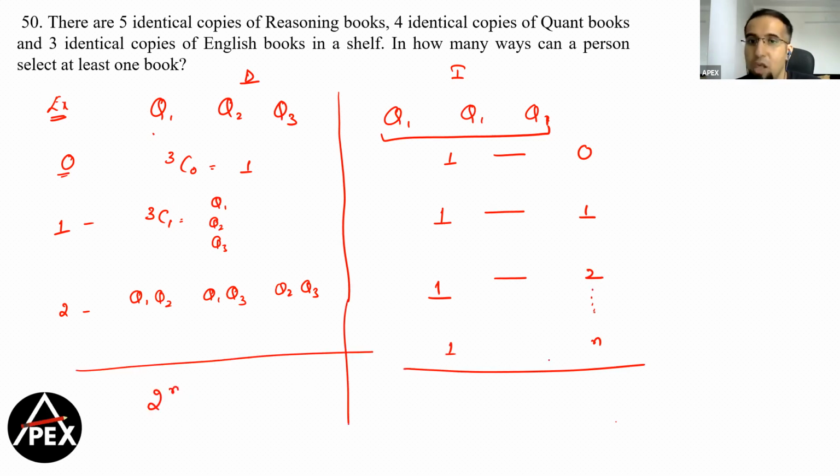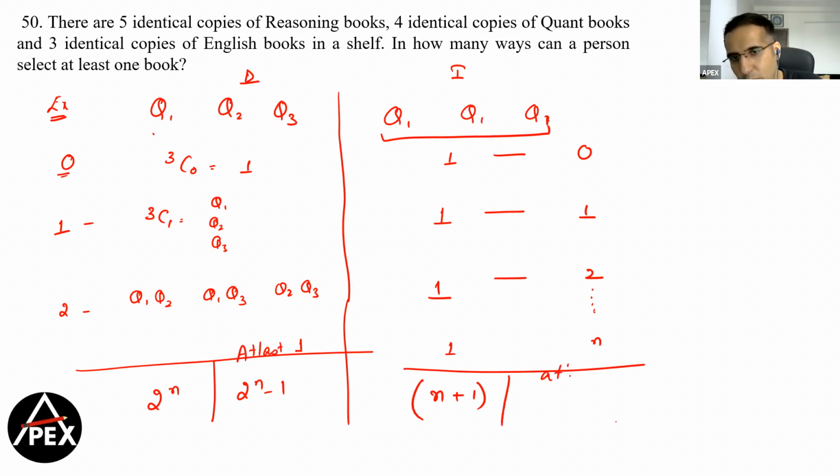In identical items, the number of ways of picking any number of items is always n plus 1. Is this point clear? And when I talk about at least 1, it is 2 to the power n minus 1. And here, if I talk about at least 1, I have to just remove one case, that will be n case. Is this point clear?